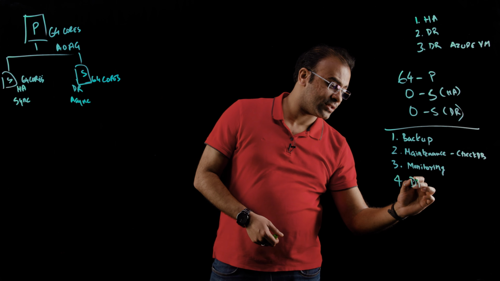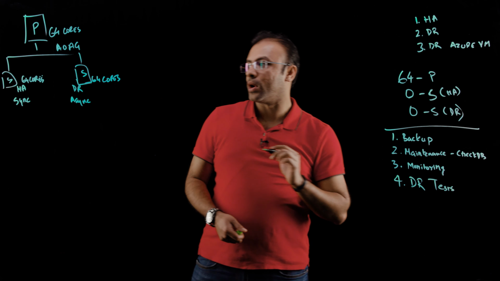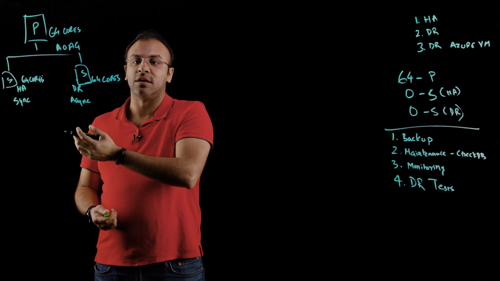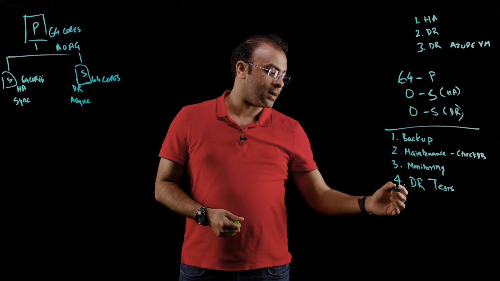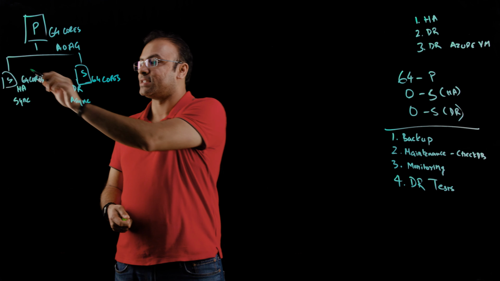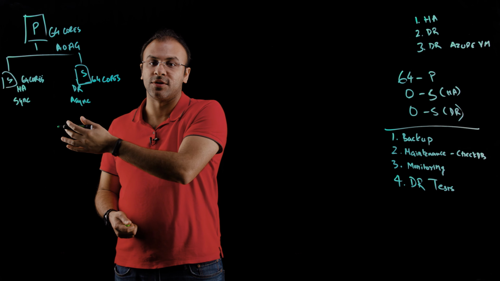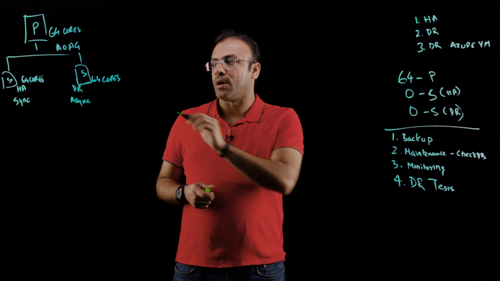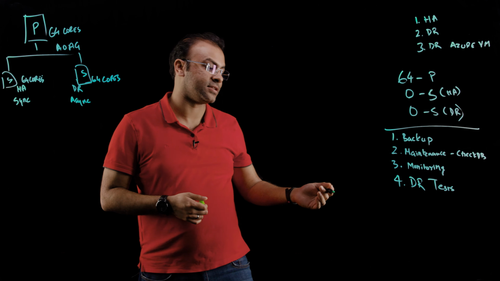And the fourth one is DR tests. This is quite common in enterprises where you need to switch from primary to secondary and perform a DR drill. For a period of time, you can bring your secondary online and do any kind of DR test that you need to do to validate that if there is an event where you need to invoke DR, or you need to practice your HA drill, you can do that.